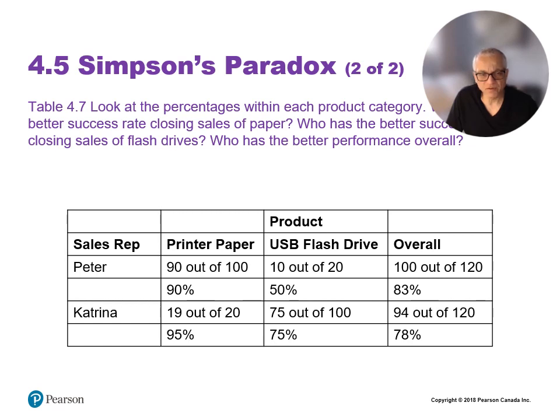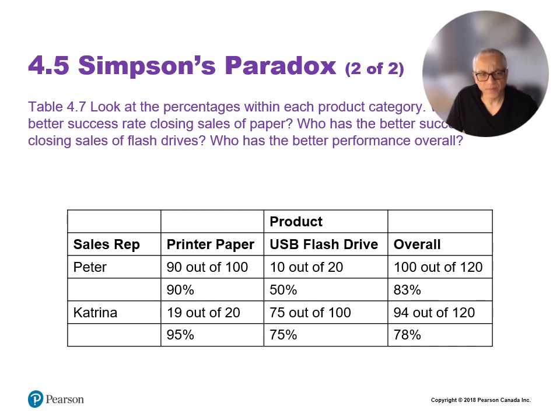In this case, you have to be very fair. You give Peter and Katerina two different products. One is printer paper, the other is a USB flash drive, and you ask them to sell them during a certain period of time, and then you record what they did.